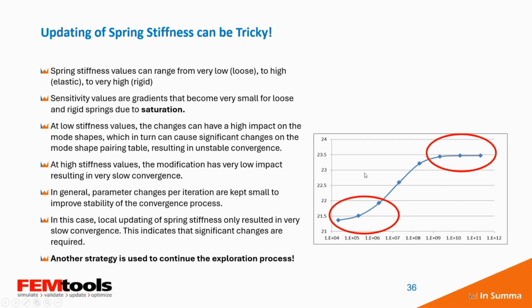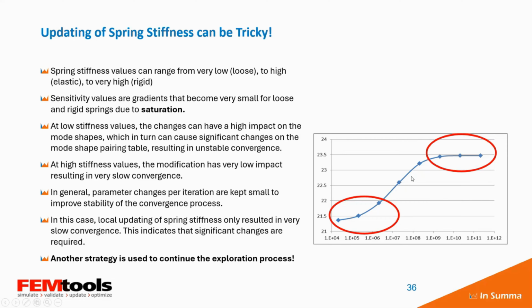So actually the only range for which the stiffnesses can be ideally updated in an automatic way is in between, where we have high sensitivity, and where we can use an optimization tool to find an optimal spring stiffness.